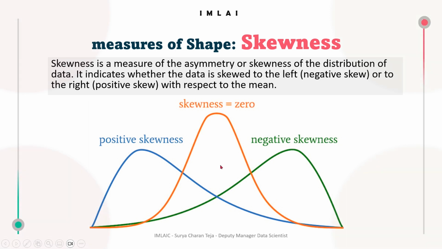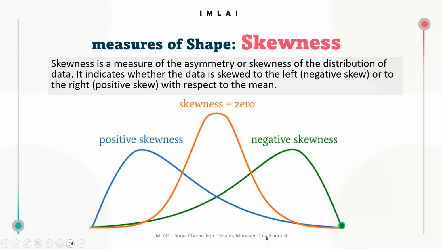Then the last one is negative skewness. Here the tail of the distribution is stretched towards the left, and the majority of the data is concentrated towards the right of the distribution.